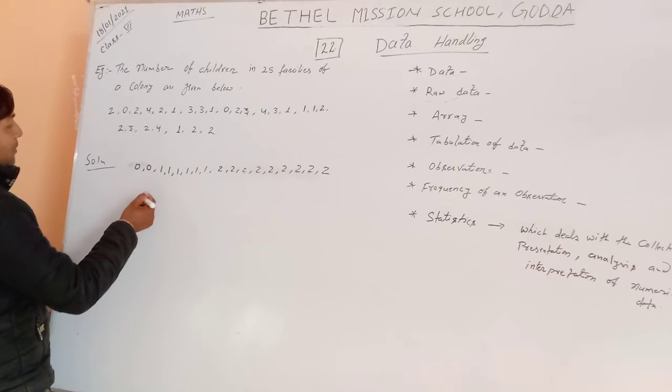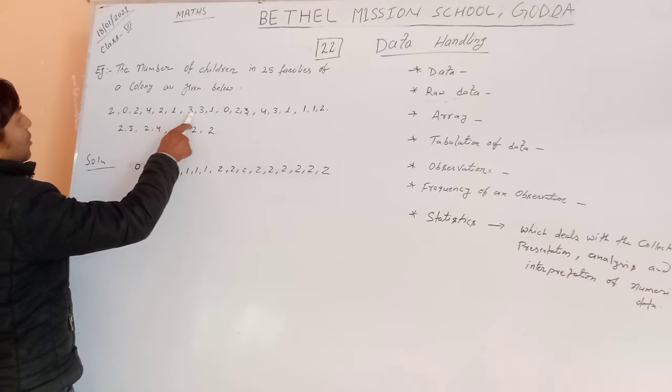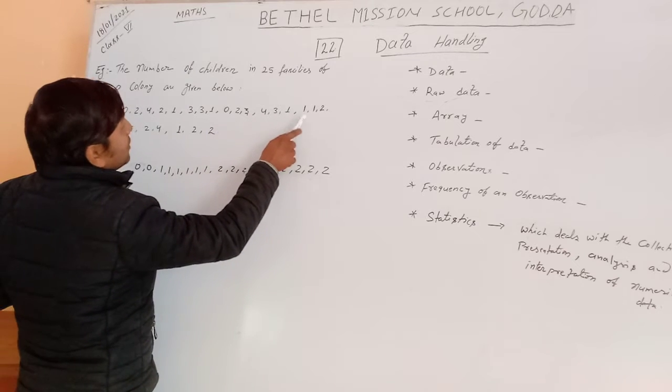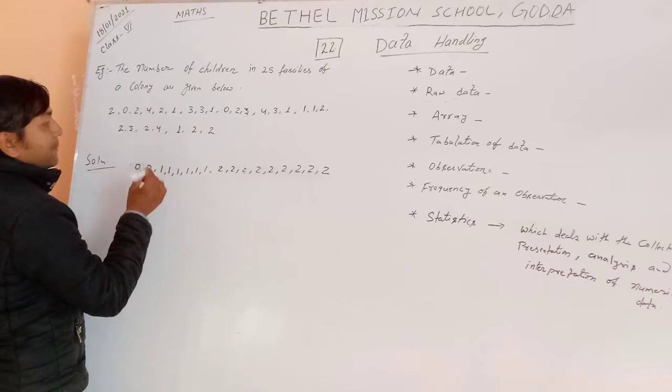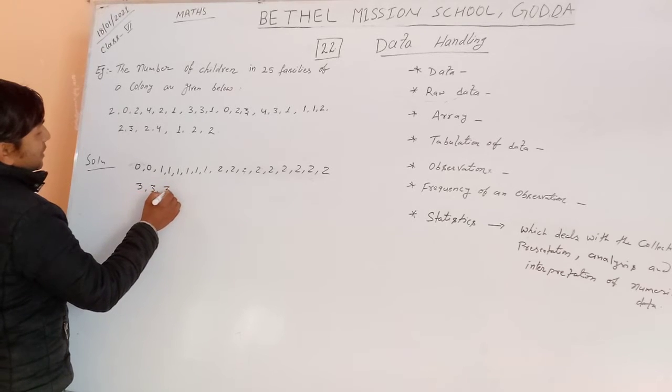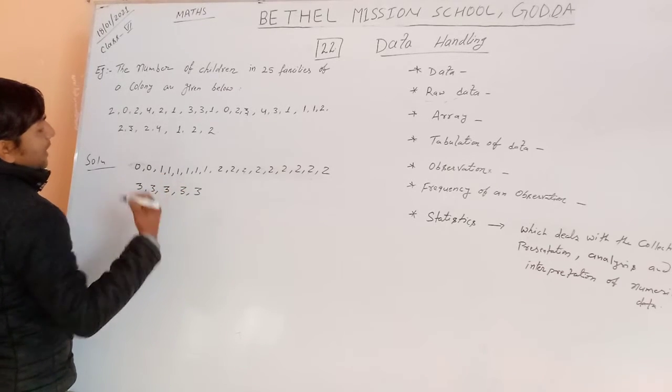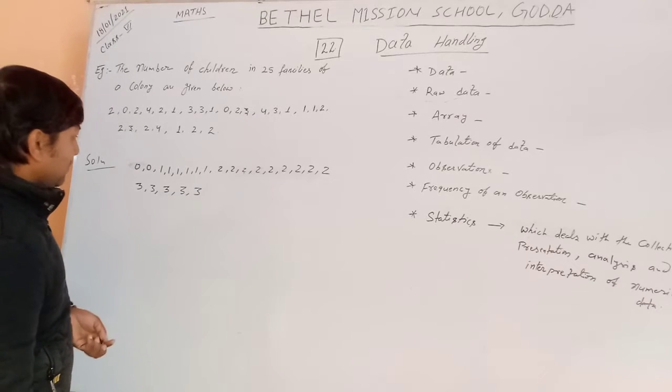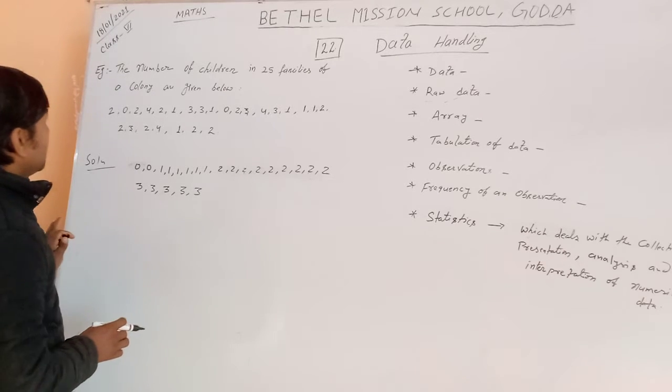Now 3. How many threes? 1, 2, 3, 4, 5. 5 threes. So I have written 5 threes. Now 4.